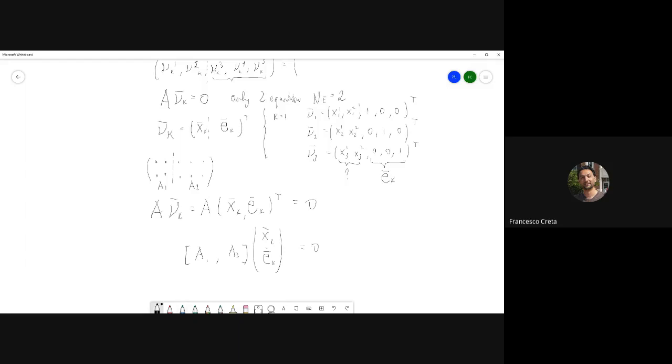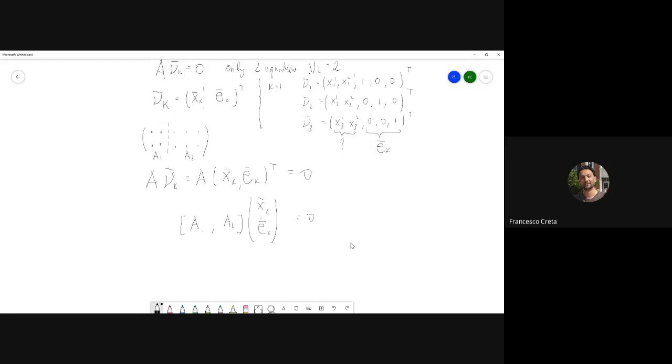Now I'm essentially multiplying A1, which is a 2 by 2 matrix, by a 2 by 1 vector, and this is a 2 by 3 matrix by a 3 by 1 vector.